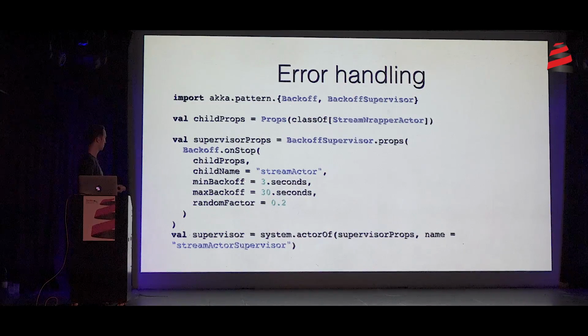So it will retry with exponential back-off, I believe, trying to recreate the actor after 3 seconds, then a bit longer, until it reaches some kind of a limit. So it is a very useful thing for dealing with failures in Akka Streams in general.